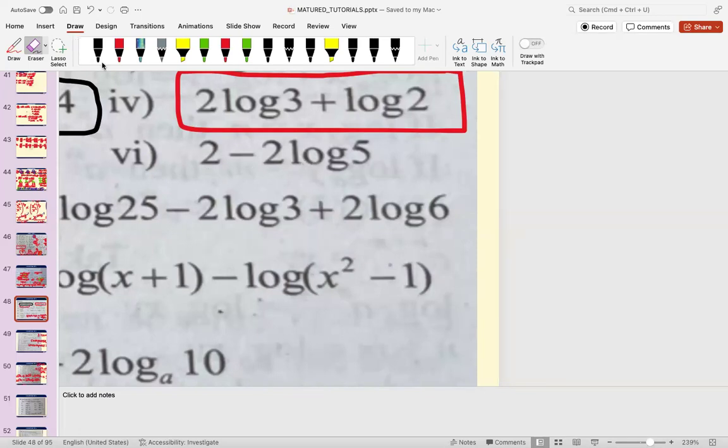Now, if we are not able to rewrite this one in a certain way, we cannot solve it.